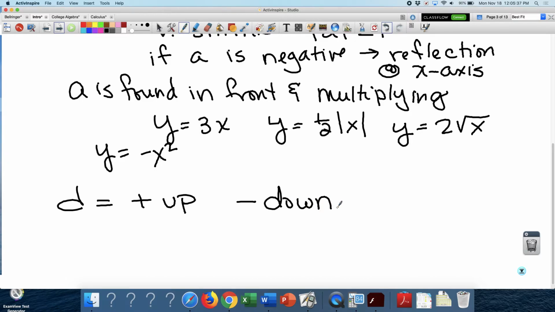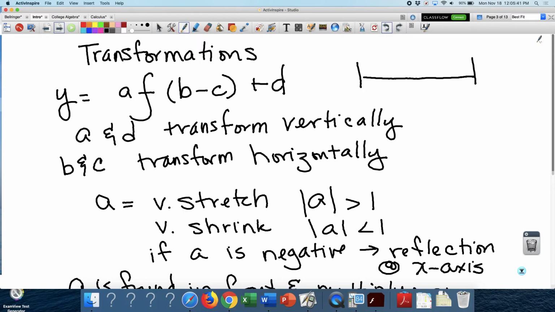And notice another reason, Blake, why I put this up here is because the D is not in grouping brackets. It's not in grouping symbols. So you're using this as kind of a road map. The two numbers outside the bracket are A and D, and they are vertical. Inside the bracket is going to be your horizontal. That's correct.